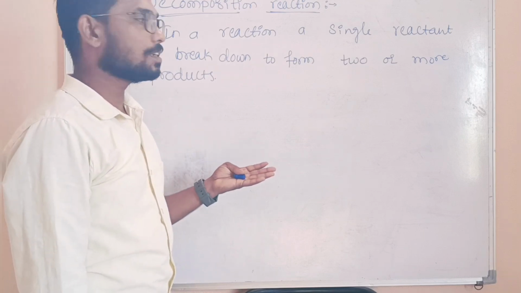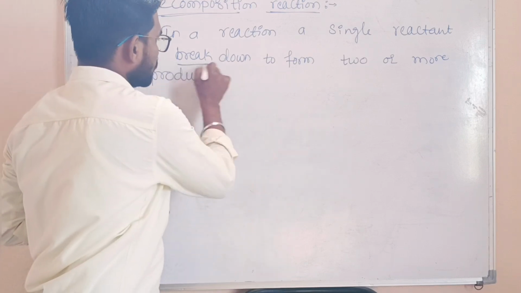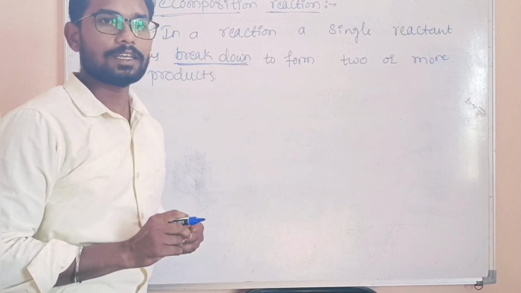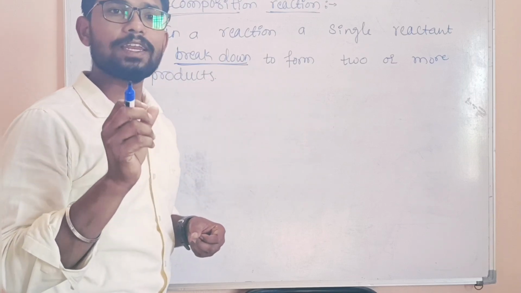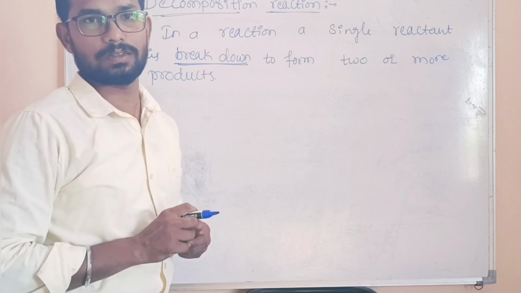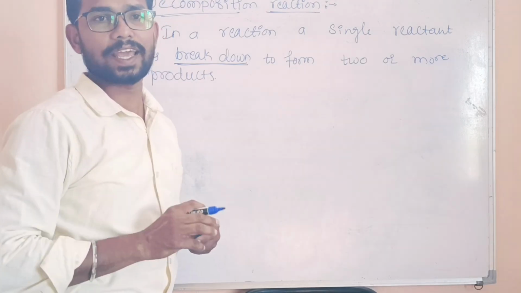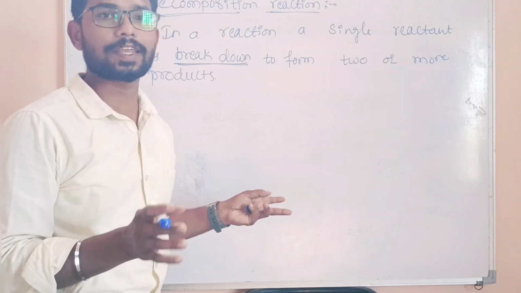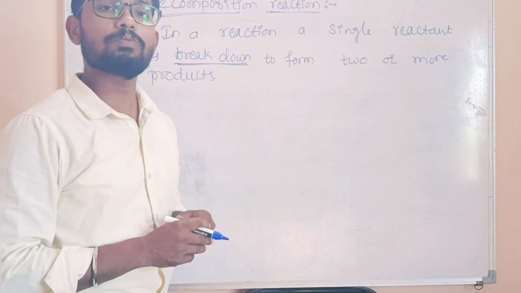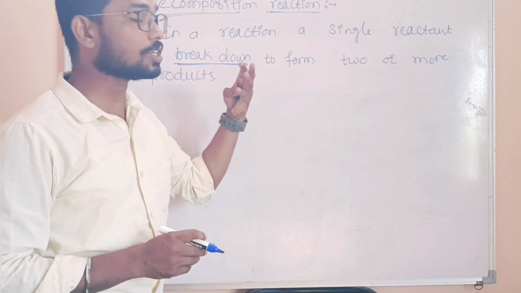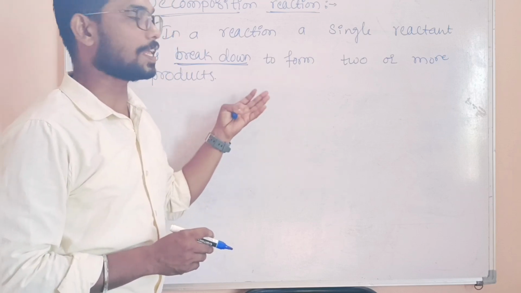The breakdown of a reactant takes place when we pass energy. When we put in the energy, only then can we break down the reactants. How do we give the energy to break down the reactants?